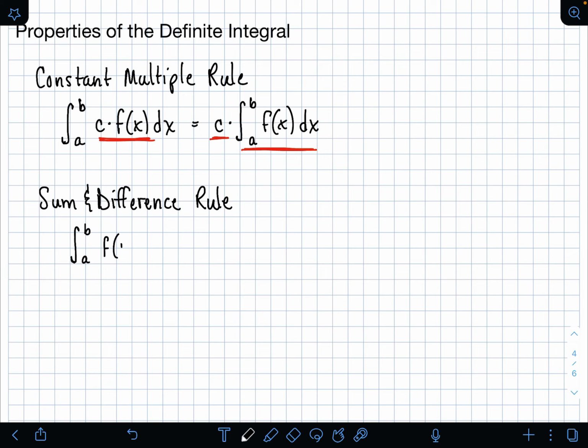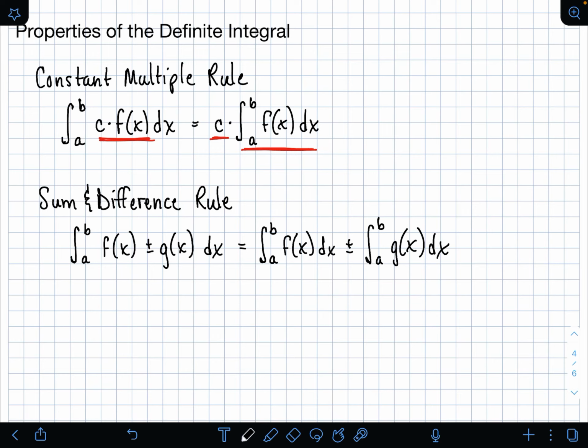So if we have an integrand that is a sum or difference, we can integrate each one separately and then add them or subtract them. And again, this works both directions. If we find ourselves in a situation where we have two separate functions being integrated over the same interval, we can combine them into a single integrand.